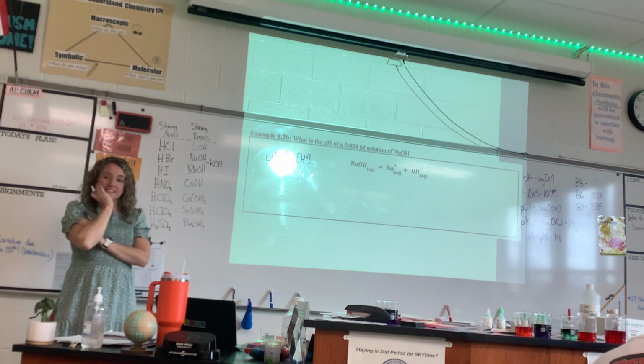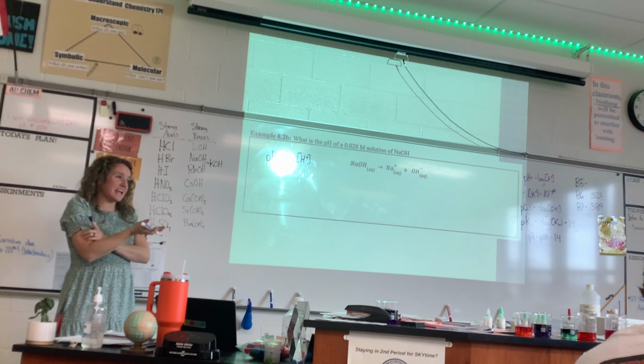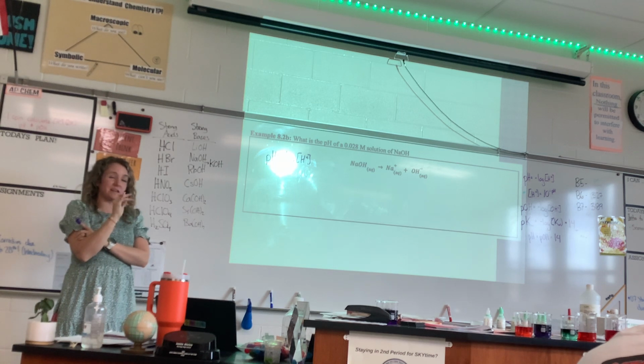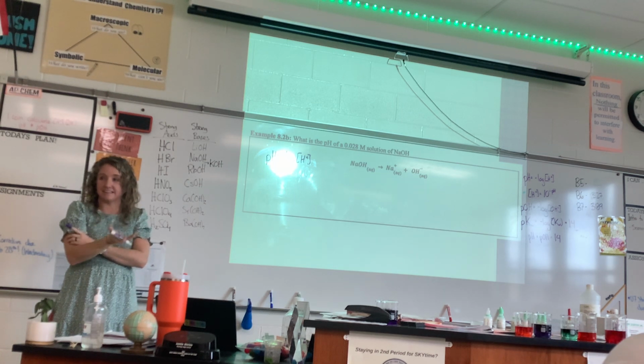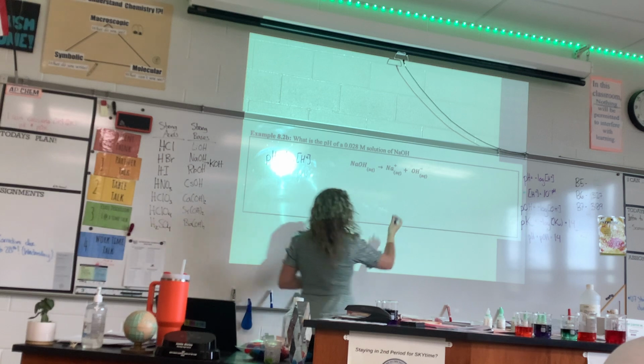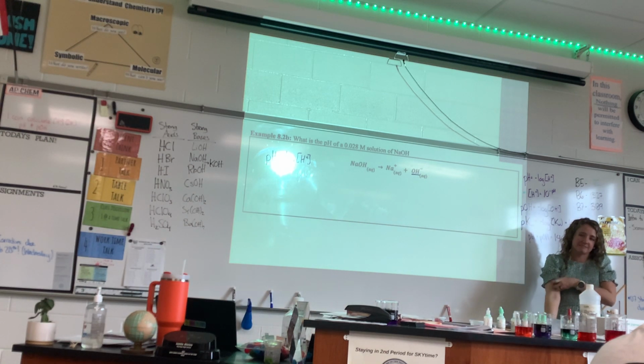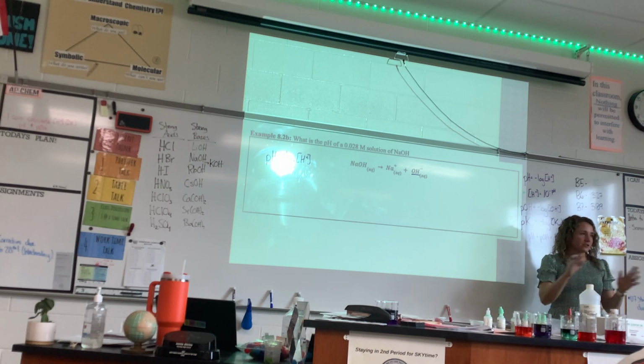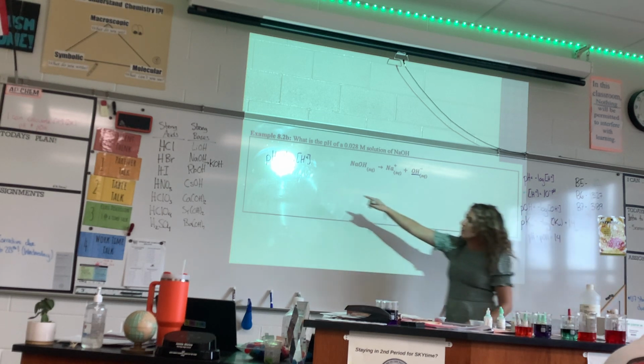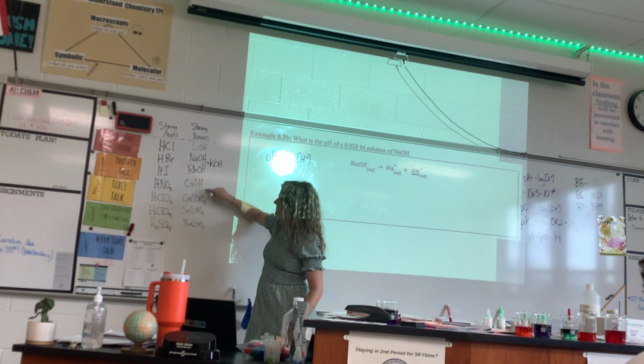When it's a base, the logic can be the same, there's just a little bit of flip you have to do at the end because the H plus isn't directly there. That's how I know it's a base, because it's making OH, it's not making H plus. Remember, all our strong bases have OH attached to them.